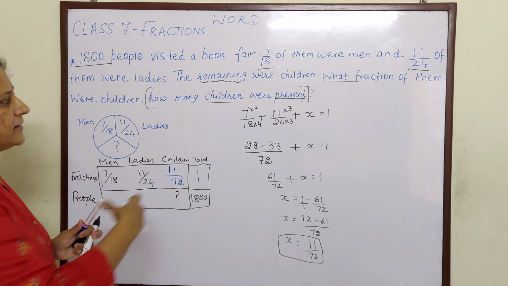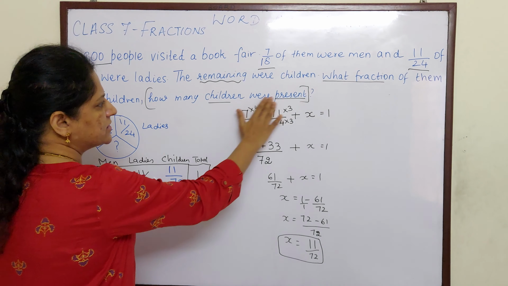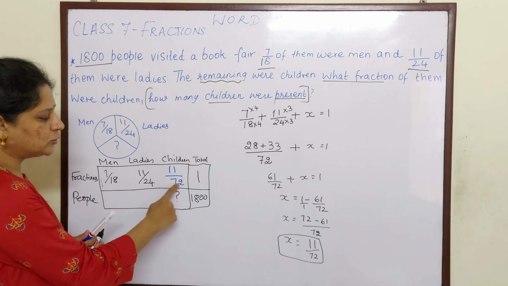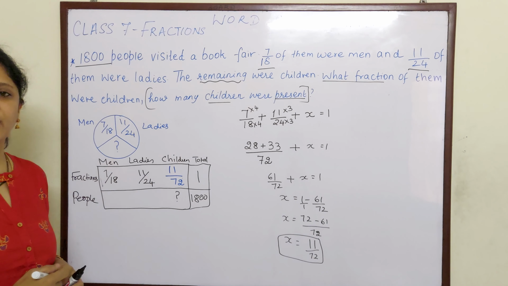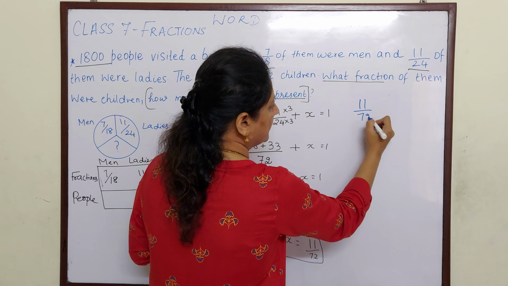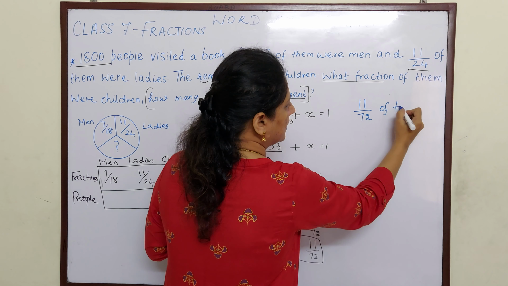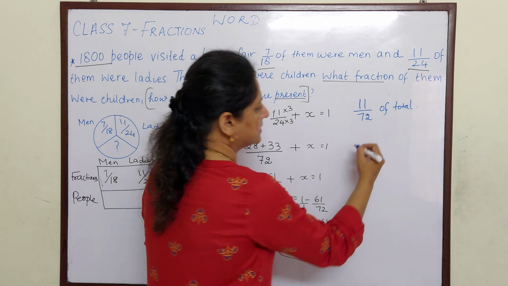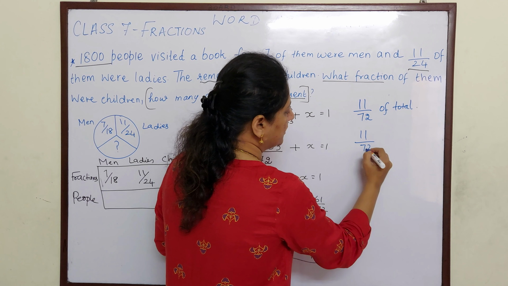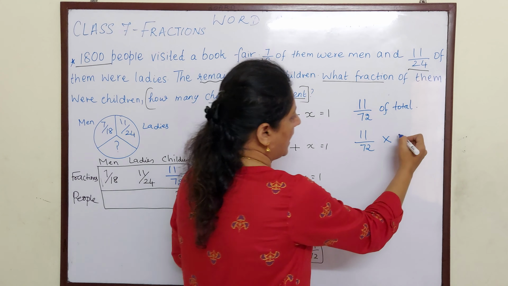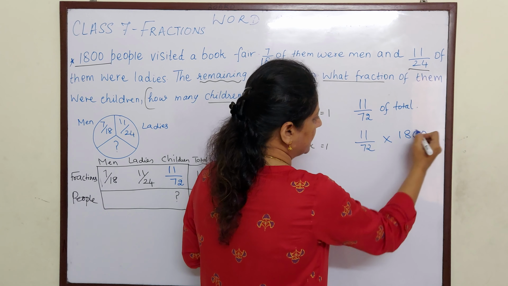So what about the next question? How many children were present? So we know 11 by 72 of the total people are children. So if I write, 11 by 72 of total is the number of children present. 11 by 72, I use multiplication instead of "of", and the total number of people is 1800.